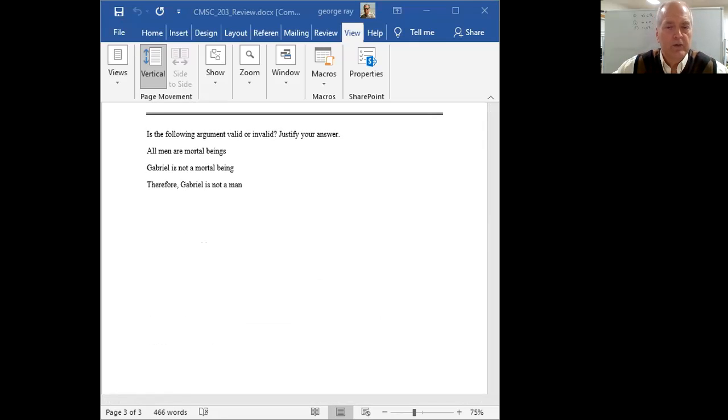When we talk about these types of statements in mathematics, this is known as an implicit universal conditional. So that's how we knew to use the for all x.